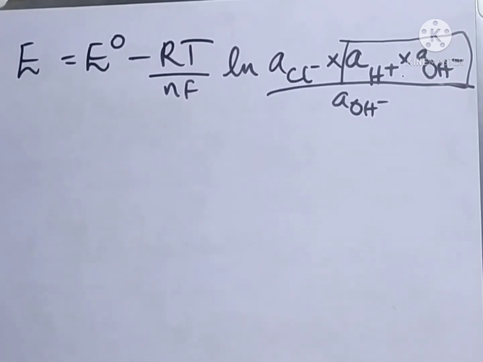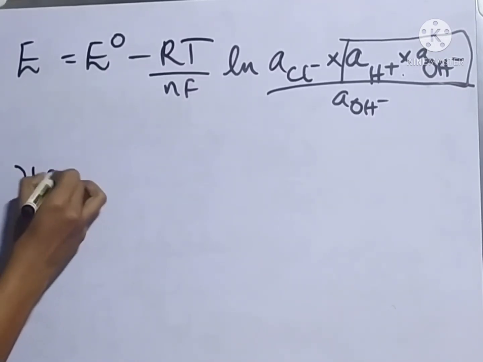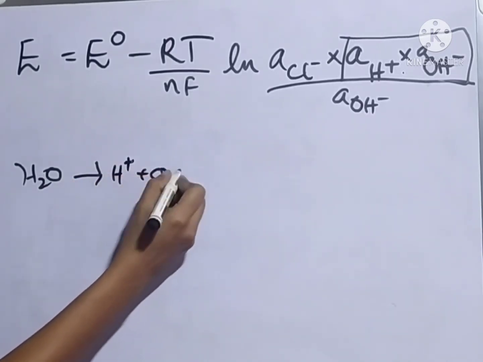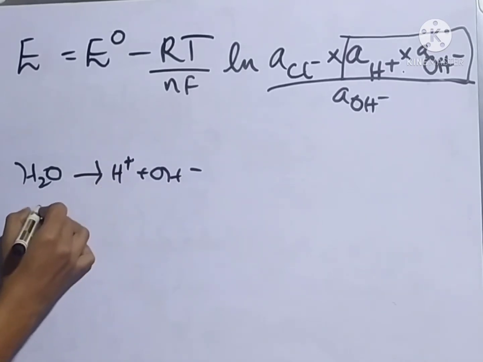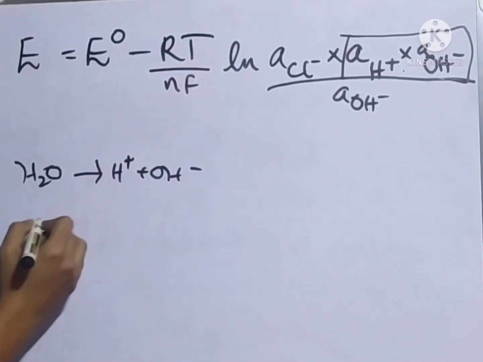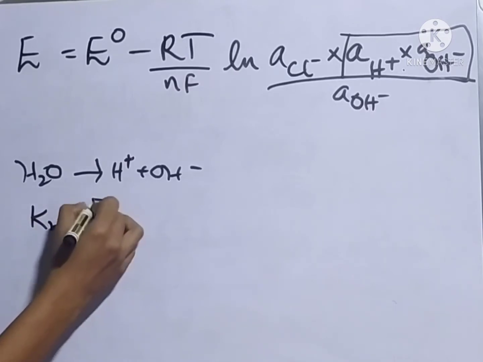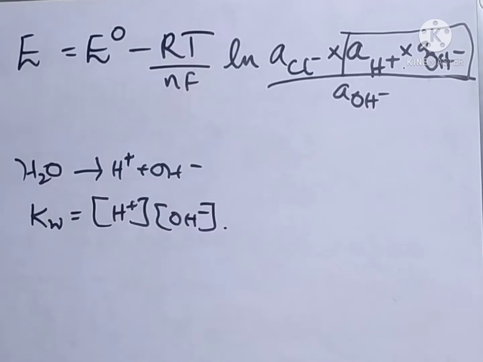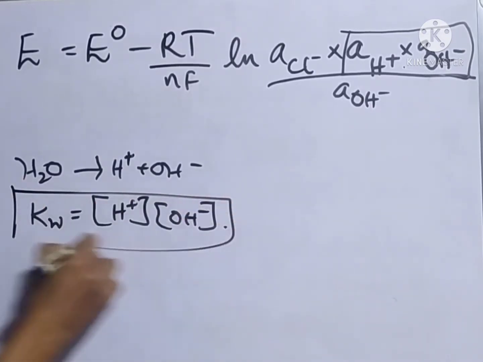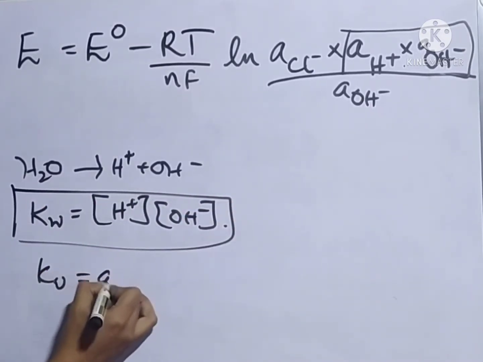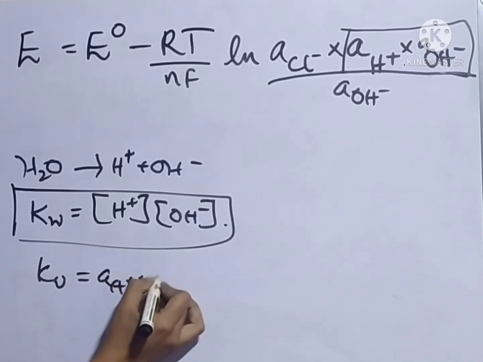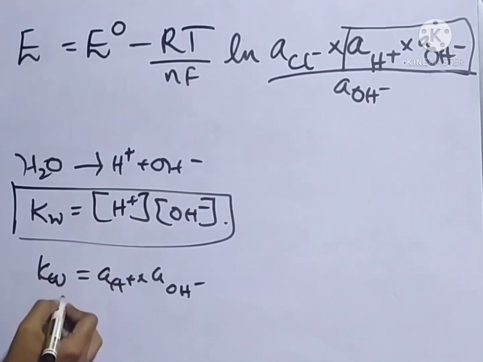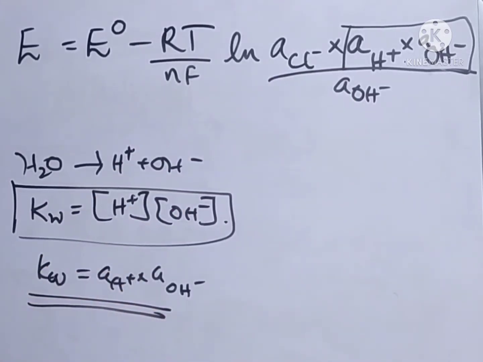If we consider the ionic product of water, that is H2O gives H plus plus OH minus, the ionic product will be Kw equal to concentration of H plus into concentration of OH minus, or we can say Kw equal to activity of H plus into activity of OH minus. So this term can be rewritten as Kw.